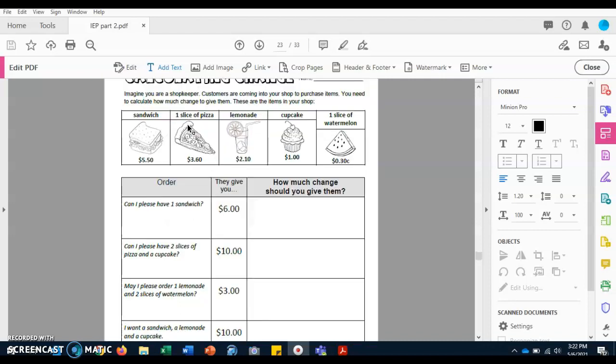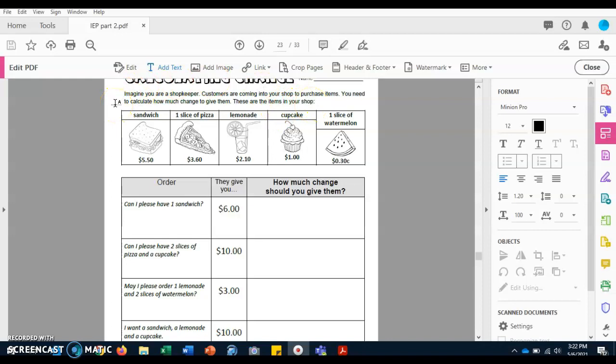And our worksheet, it says, imagine you are a shopkeeper. Customers are coming into your shop to purchase items. You need to calculate how much change to give them. These are the items in your shop.